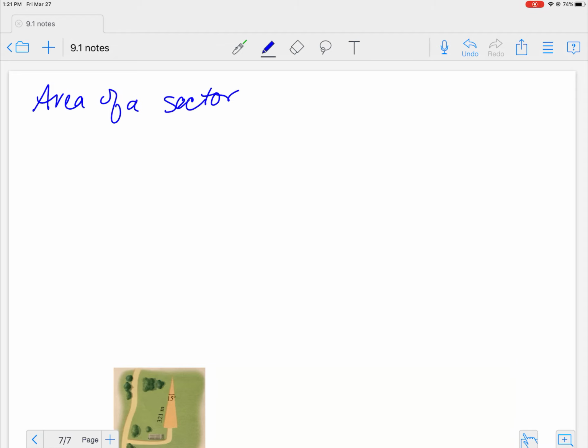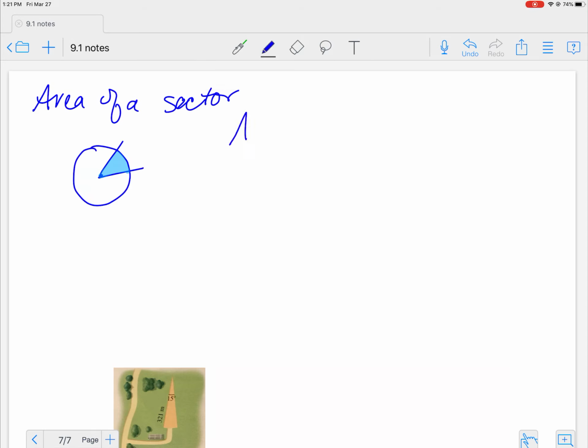The next thing that we're going to talk about is area of a sector. That's an E. Area of a sector. And a sector here, if I have my circle, from my center, if I'm going out, my sector is this piece, right?